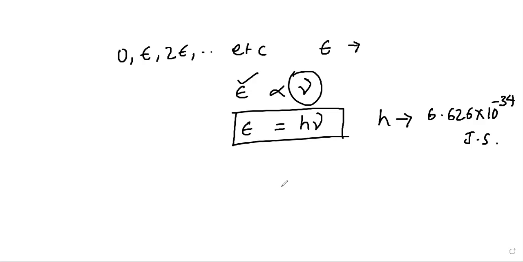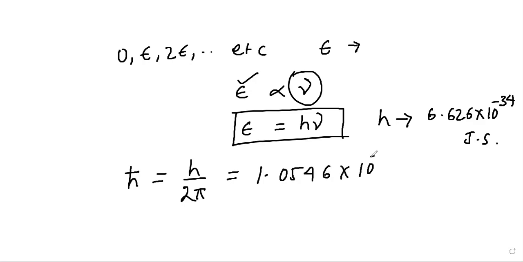Okay, this is the value. Sometimes we also use the constant h bar, or h cross, given by h by 2 pi, and if you substitute 6.626 times 10 to the minus 34 divided by 2 pi, it gives around 1.0546 times 10 to the power minus 34 joule second.